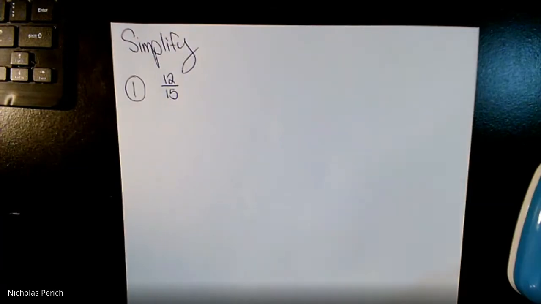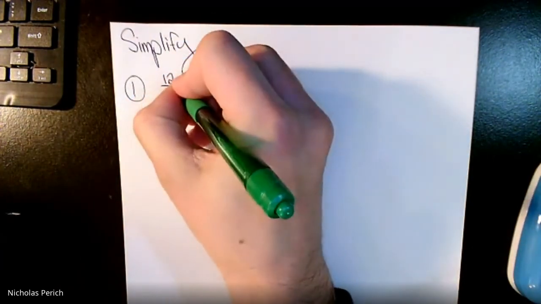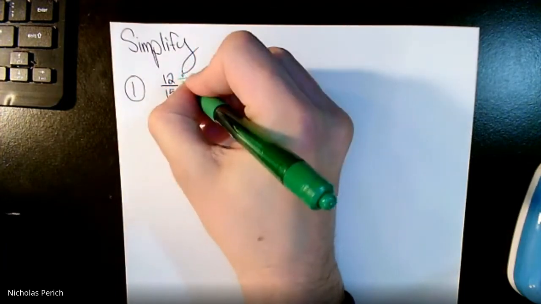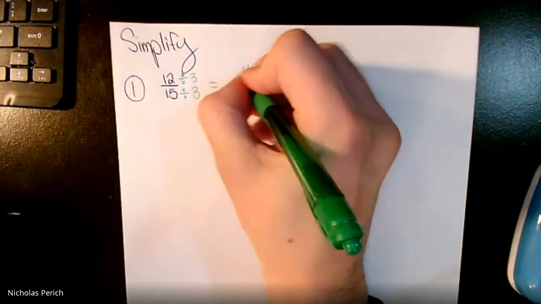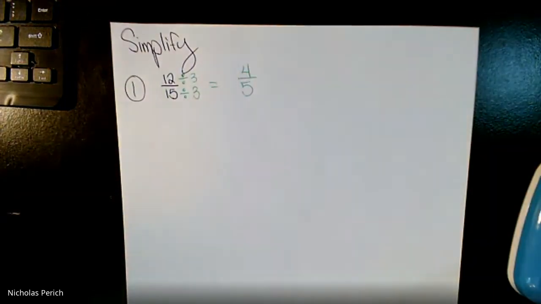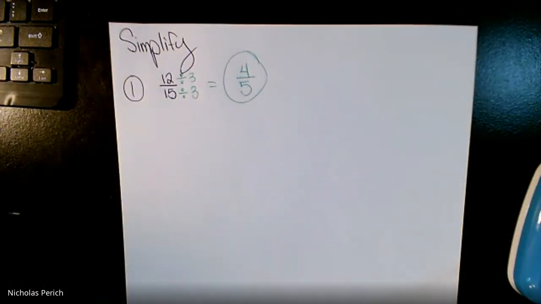The number that I can divide both 12 and 15 by is 3. So if I divide the numerator by 3 and the denominator by 3, what I get is 4 over 5. Can I simplify 4 over 5 anymore? Nope, because I can't divide 4 or 5 by any number and have that number get smaller.